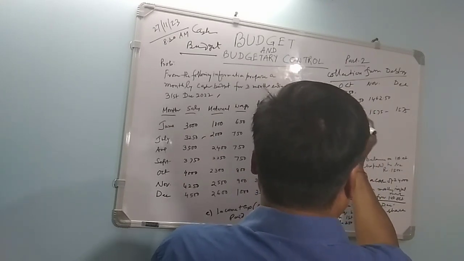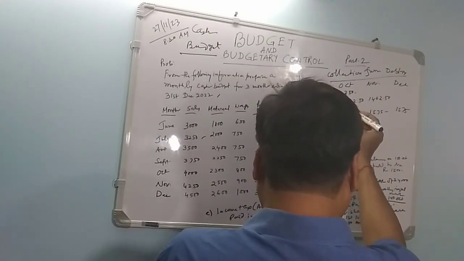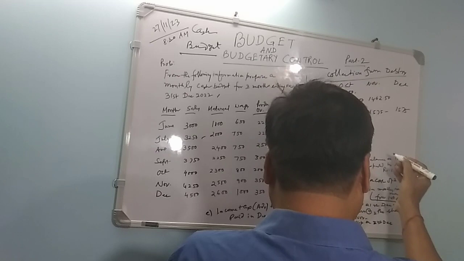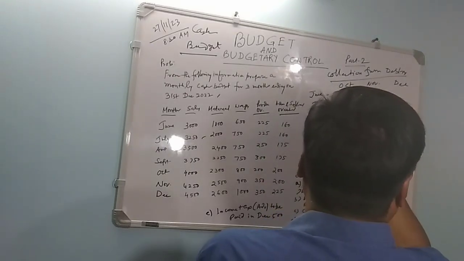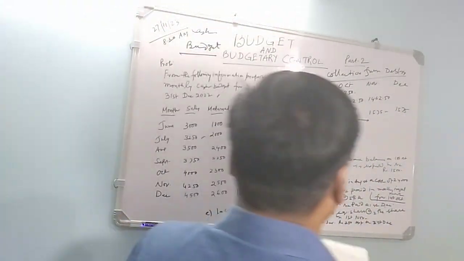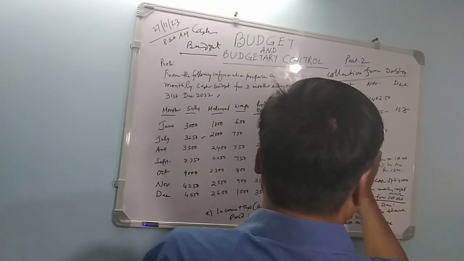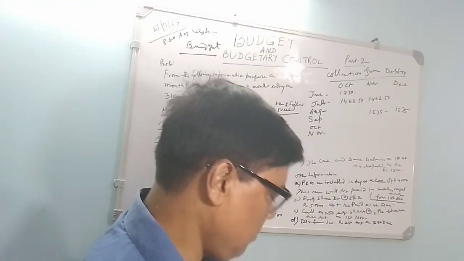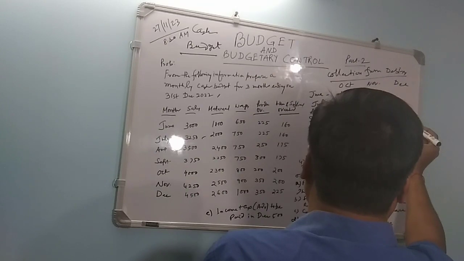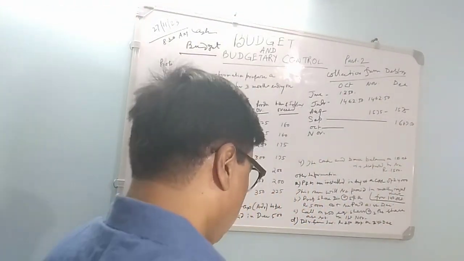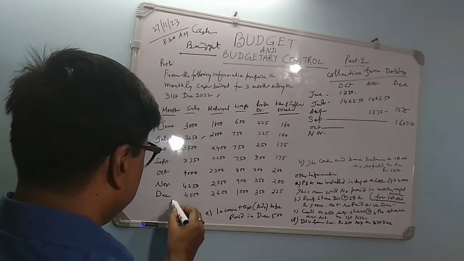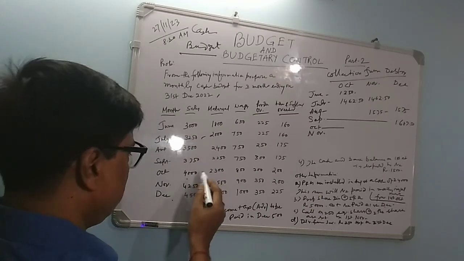Similarly, from October onwards the due date is the respective month itself, so 10%.